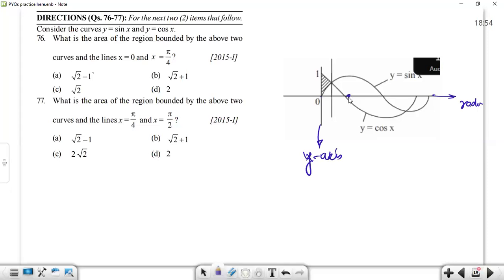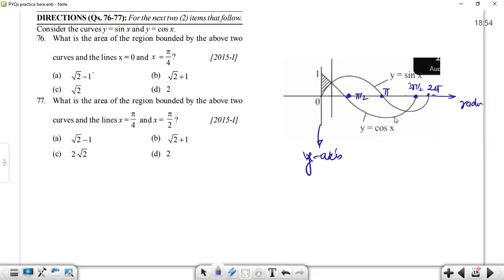Here x is equals to pi by 2. Here x is equals to pi. Here x is equals to something. Maybe it's 3 pi by 2. Yeah, it is 3 pi by 2. Here it is 2 pi. So it is like that.